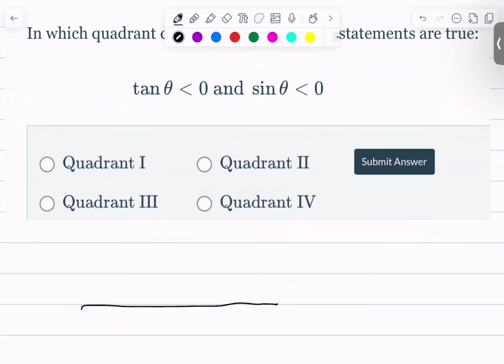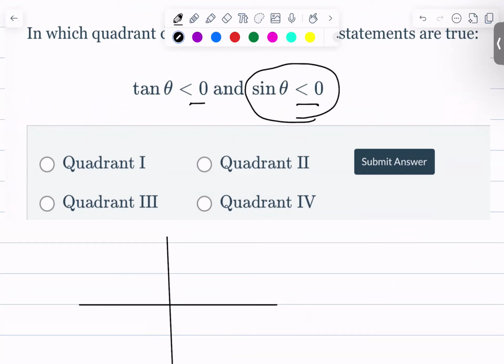Okay. So again, I'm going to take one. Tangent is negative. Sine is negative. I'm going to take this one. Where's sine negative? Well, sine is y over r. R is always positive, so y has to be negative. Where is y negative?